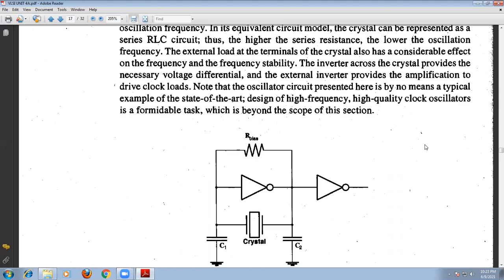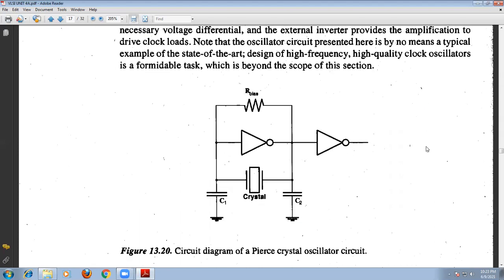This is the circuit diagram of a basic crystal oscillator circuit. The equivalent circuit of the crystal is a series RLC circuit, as you already know.